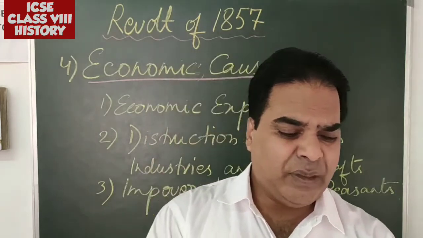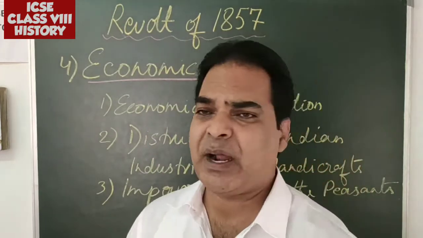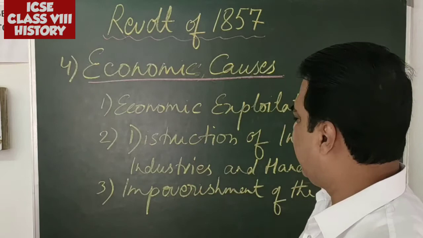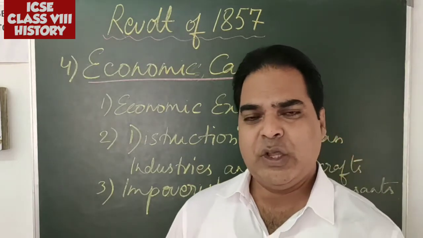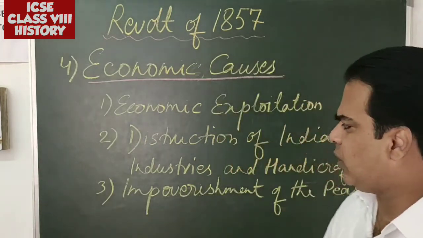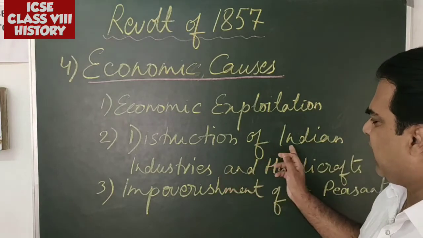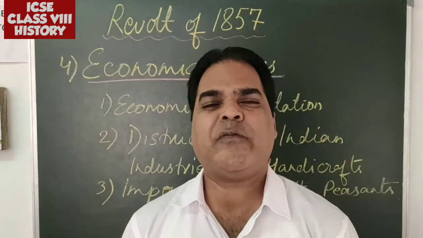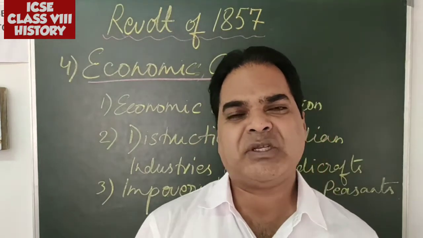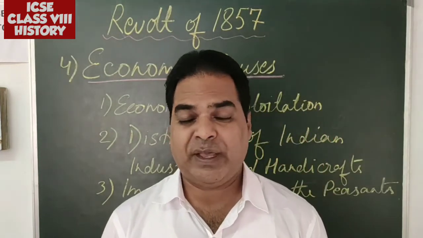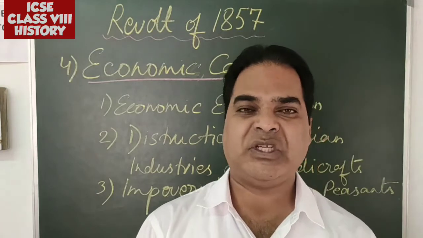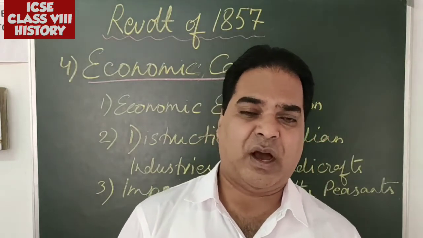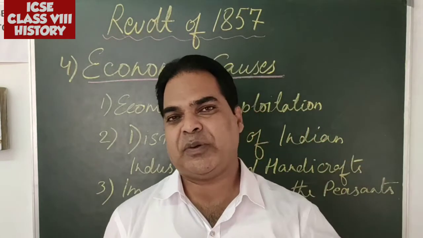Now apart from that, destruction of Indian industries. As I told you, with the coming of the Britishers, slowly and gradually Indian industries started to get destroyed because they could not face the competition with the machine-made goods, which were of good quality and cheaper in price.